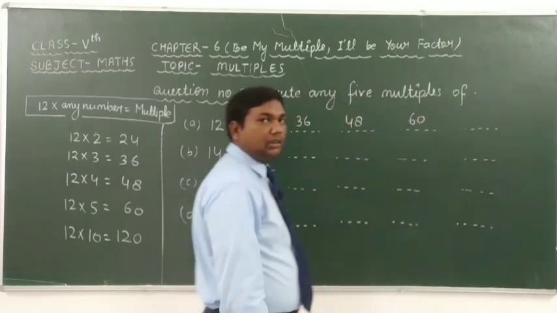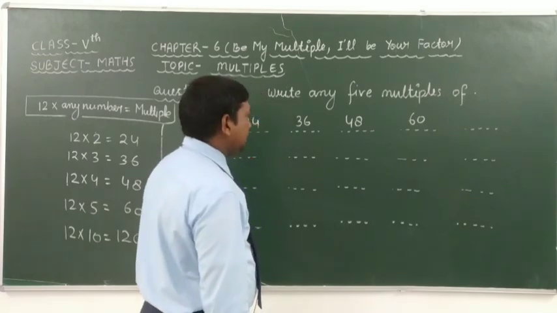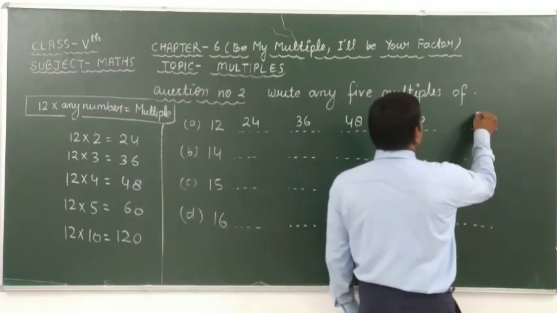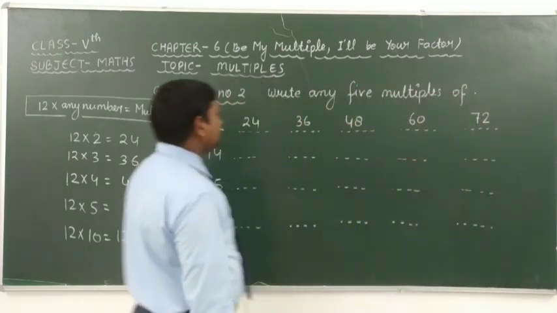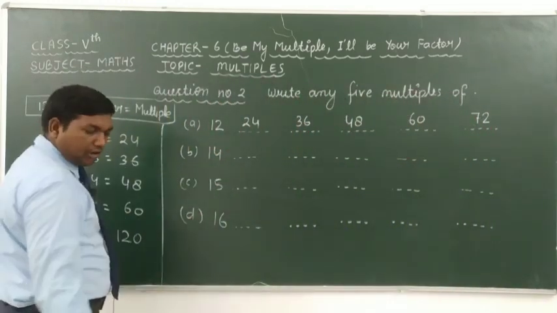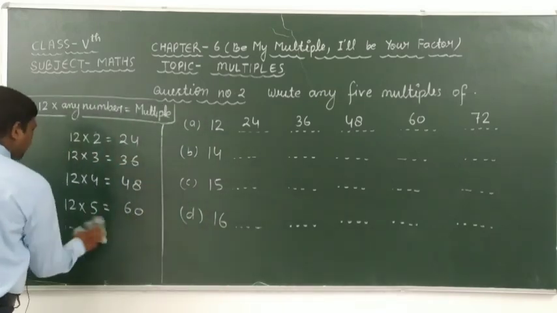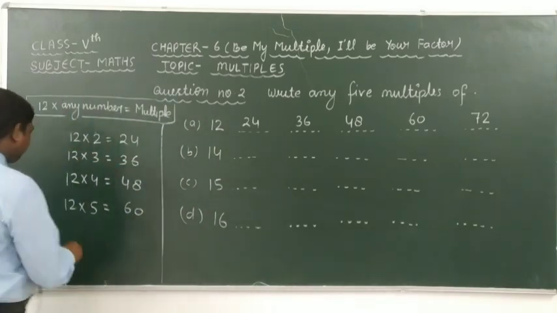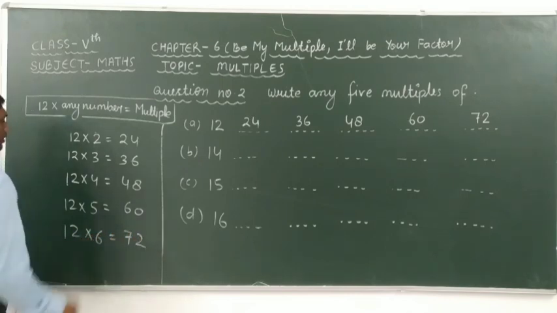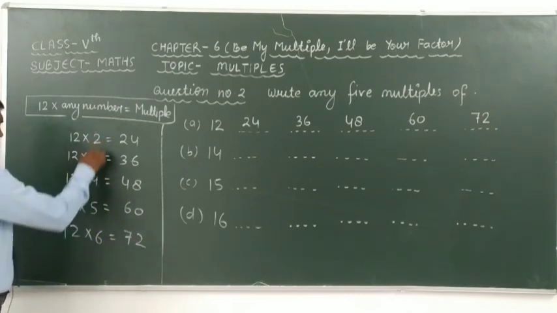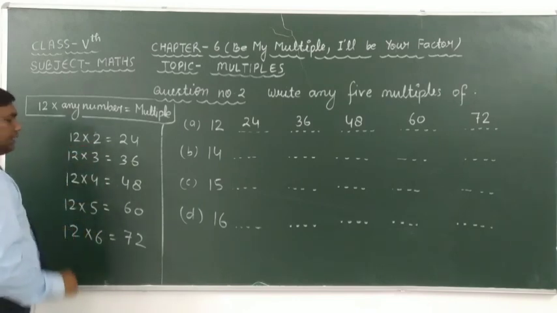Okay students, and 12 6s are 72. Understand? Similarly, we can solve all given questions. Here we have to take serial wise.